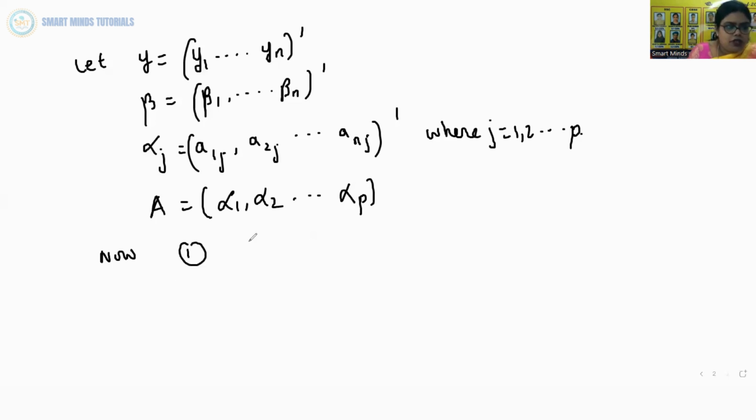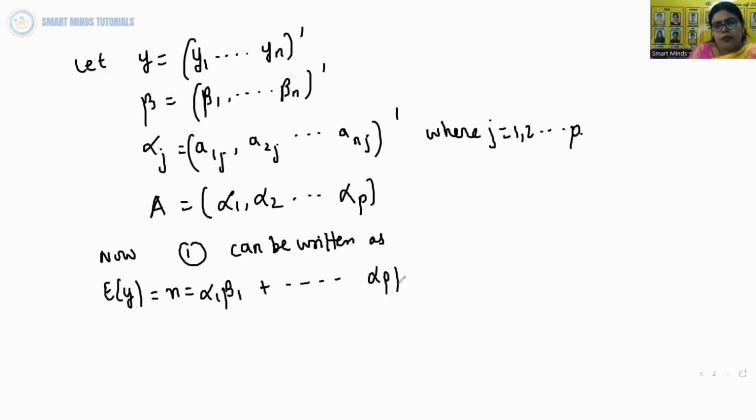Now, equation number 1 can be written as E of y is equal to alpha 1 beta 1 plus so on up to alpha p beta p. So that is equal to A beta.